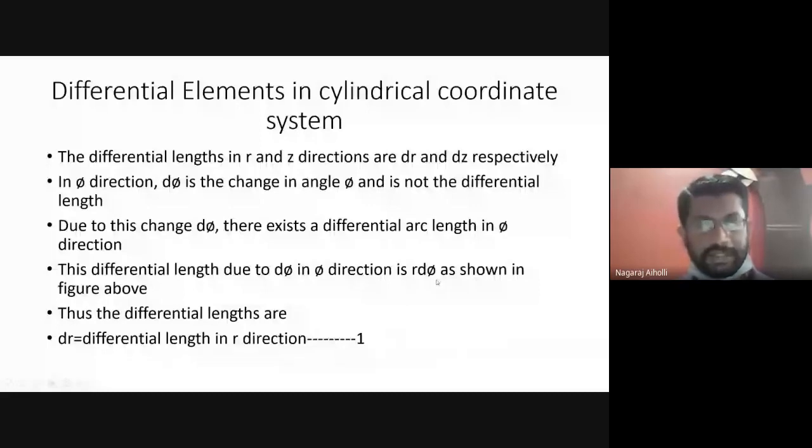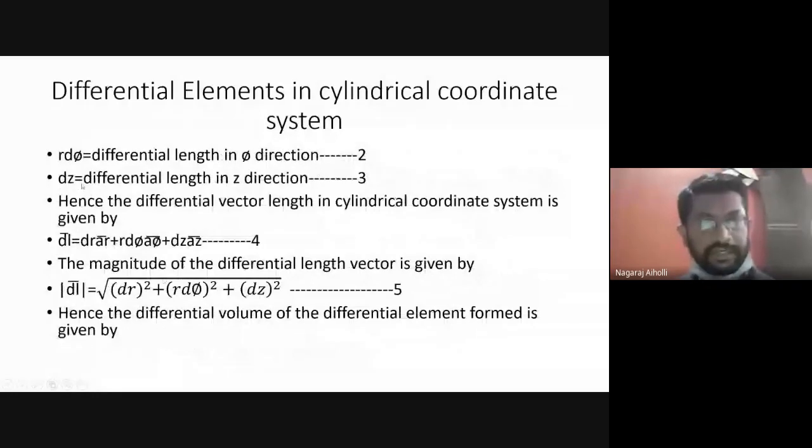That is r d phi. Hence dr is the differential length in the r direction, take it as equation 1. r d phi is the differential length in the phi direction, second equation. dz is the differential length in the z direction.